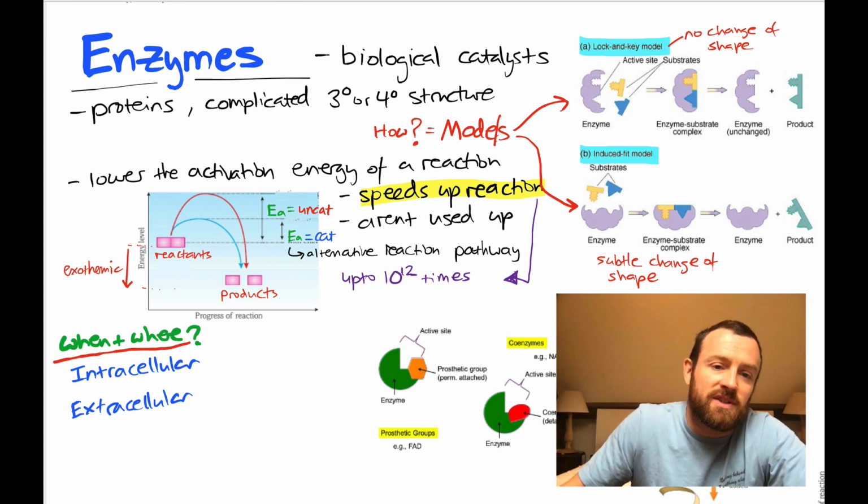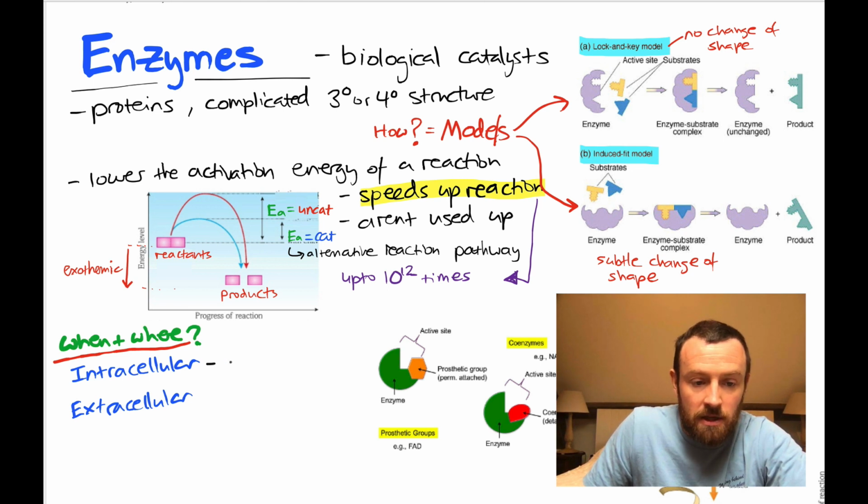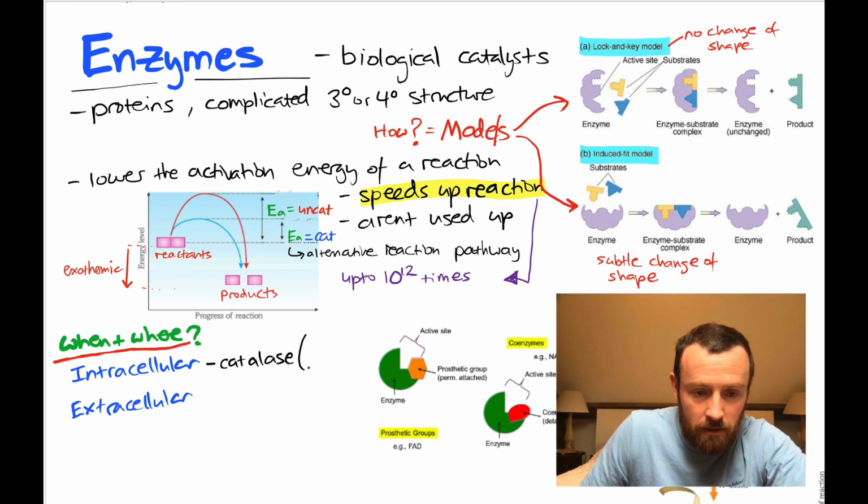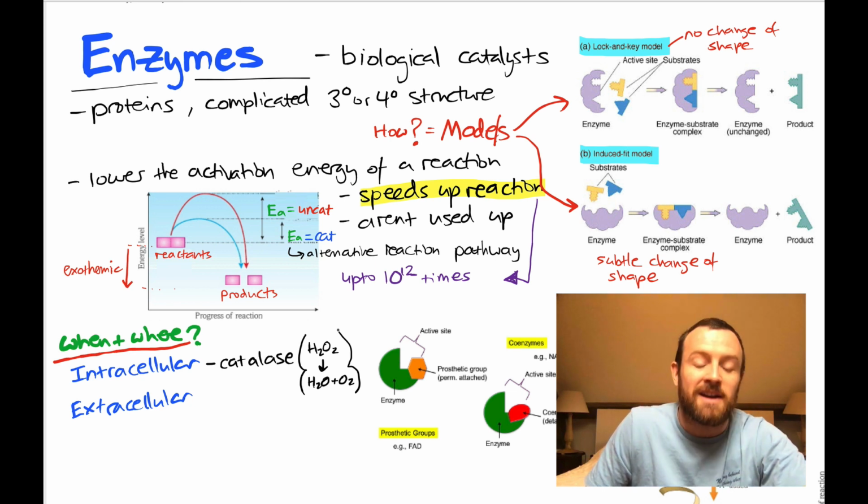For example, let's give an example of an enzyme that is intracellular. A good example is catalase. If you want to go into a bit more detail, it takes H2O2 and breaks it down into H2O plus oxygen, like that.